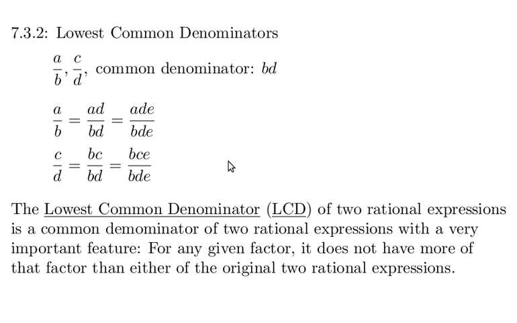This BDE is not a lowest common denominator because it has more e's than appear in any of the originals, because there is no e. So that means this e is unnecessary. Basically, we're getting rid of all unnecessary terms.